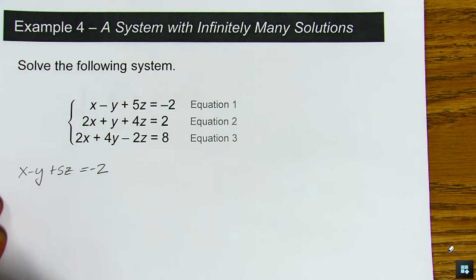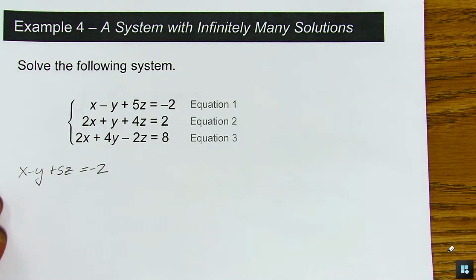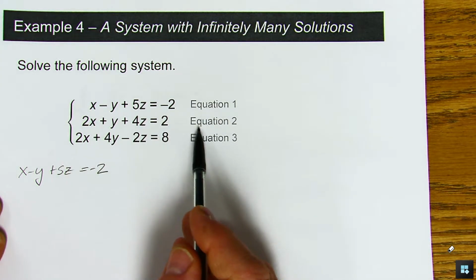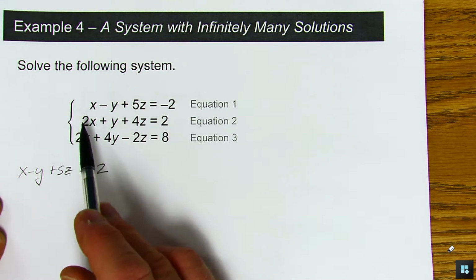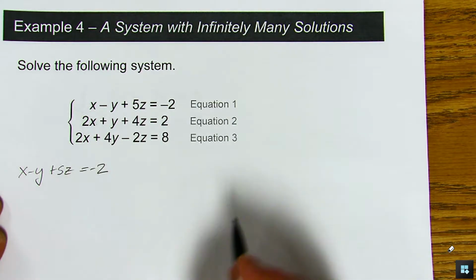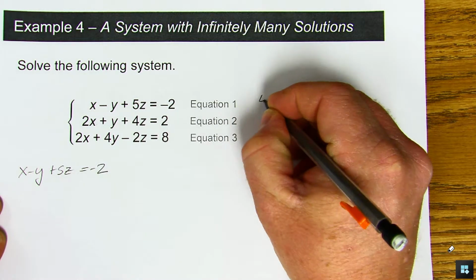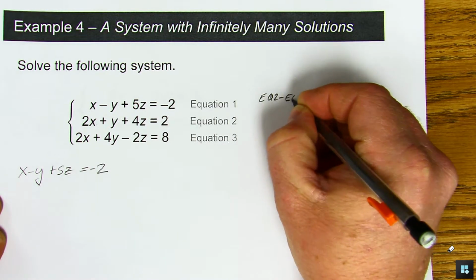Now, you could use equation 1 and multiply it by something, but if I'm eliminating the x, couldn't I just subtract equation 2 and equation 3? Then they would cancel out. So I'm going to take equation 2 minus equation 3.